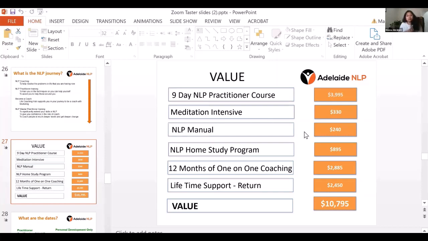If you do the prac once, anytime in your life, if you want to come and do the refresher, there's no charge. I availed it, and there were no questions, no procedures, nothing. If you want to attend the course again, you can anytime, and for that it's 2,450. So the total value is about 10,795.